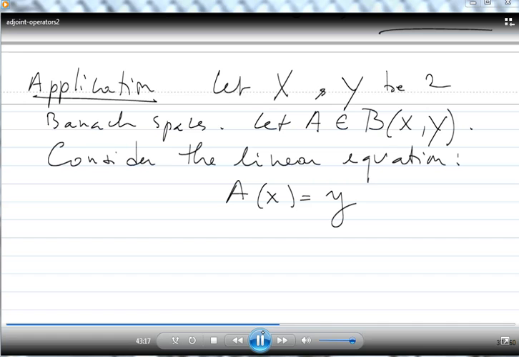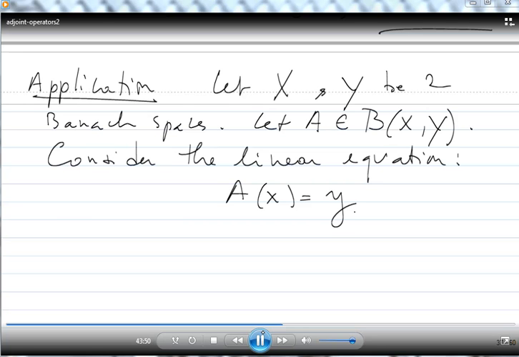Then uniqueness, in general for any Y, has to do with A being what? Injective. So if A has a null space equal to 0, then we have uniqueness. But sometimes it depends on the little y.